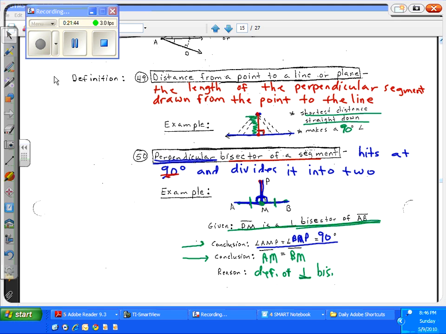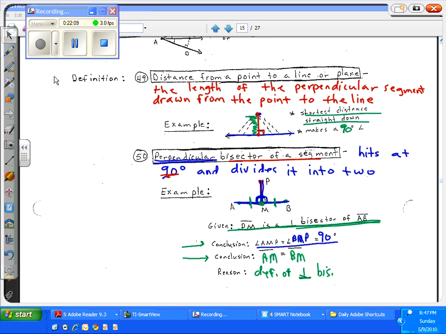So we got the definition of the distance from a point to a line or plane, which is defined to be the length of the perpendicular segment drawn from the point to the line or plane. And then we've got the definition of the perpendicular bisector of a segment. We said it is an object that intersects a segment at its midpoint and forms equal adjacent 90-degree angles.